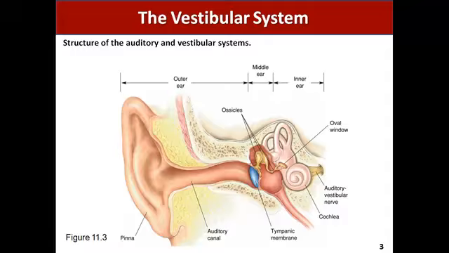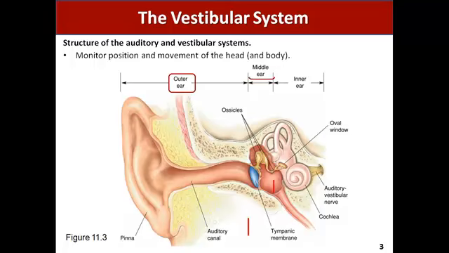When we take a look at the vestibular system, it is located in the same area as the structures that transmit auditory information. The auditory canal will transmit sound waves through the air to the middle ear, which is involved in transducing that sound wave into an electrical signal.